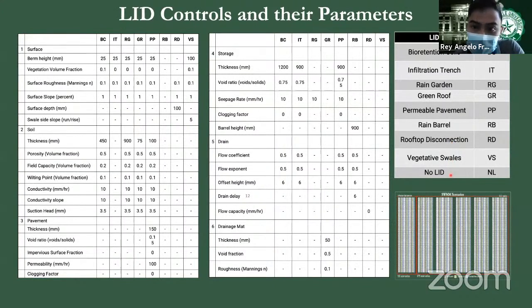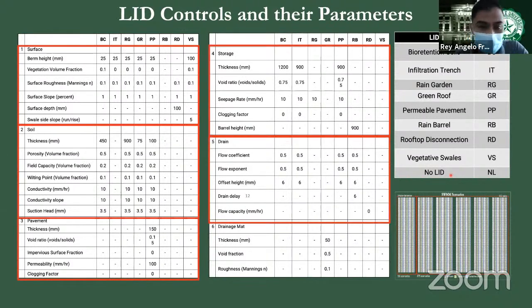So these are all used in the simulations. Actually, there are a lot of LID, but these 8 are the only available in SWMM. Okay, so these are all the parameters.